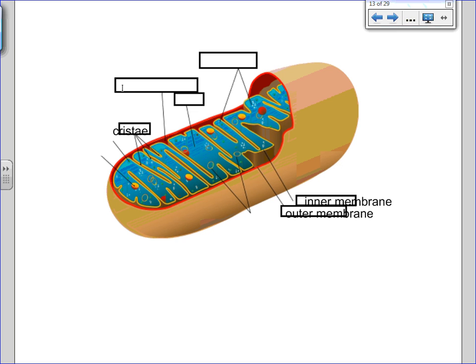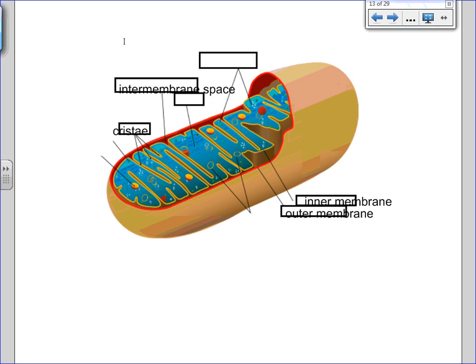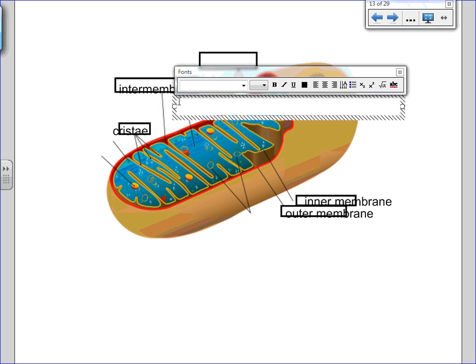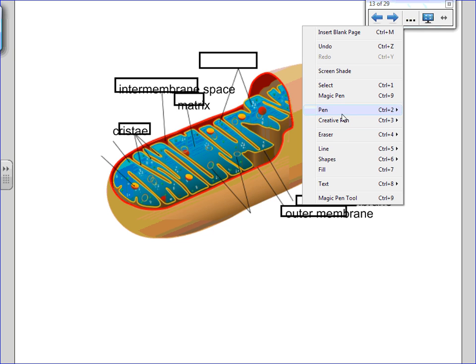This line here is pointing to the space between the two membranes, so this is the intermembrane space. And the blue stuff in the center is the matrix. The last one, which I don't really expect you to know, is pointing to the little enzymes that are inside.